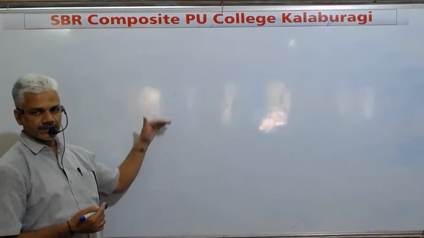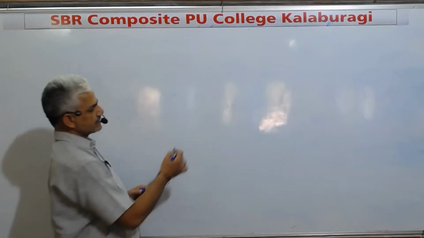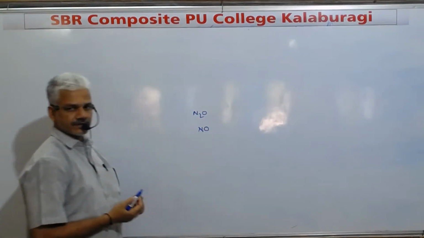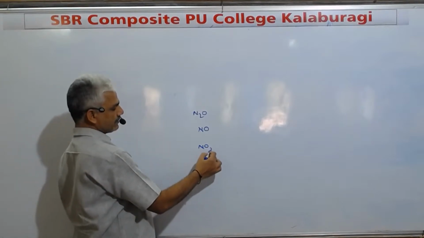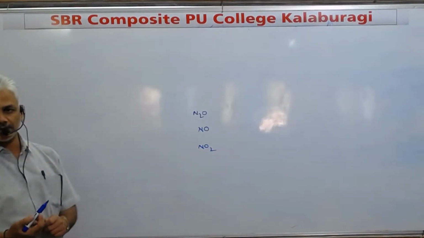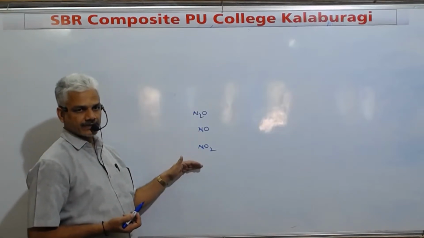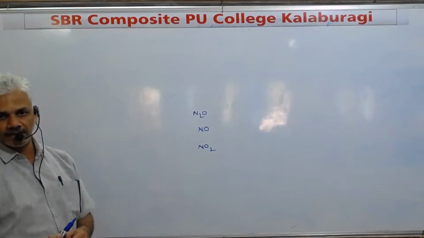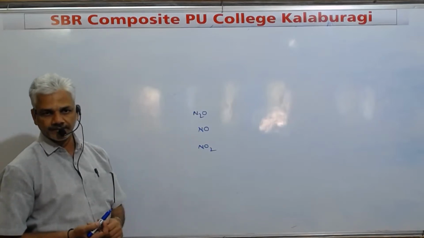Particularly, when the reaction is taking place with a metal, if dilute nitric acid is used, the product will be either nitrous oxide or nitric oxide. If concentrated nitric acid is used, then the product will be nitrogen dioxide. In addition to these gaseous products, the corresponding metallic nitrate will be obtained. So that is the reaction of nitric acid with metals.